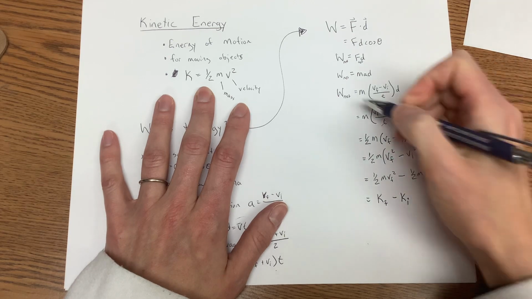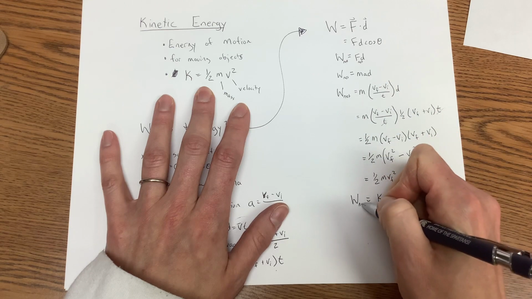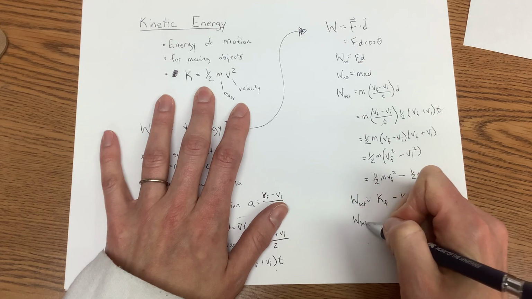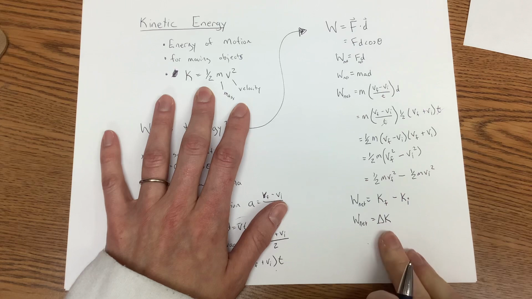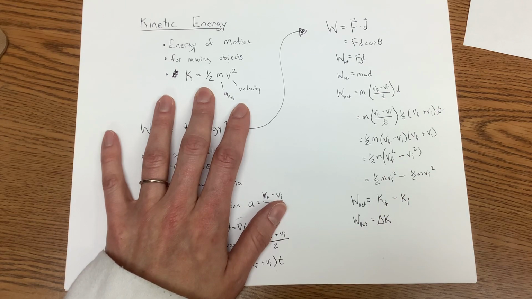And so what we just did was we showed, this is all work net right here. We just showed that the work net is equal to the change in kinetic energy. So if we can find out what the change in kinetic energy is, or we know what the work net is, then we automatically know the other one.